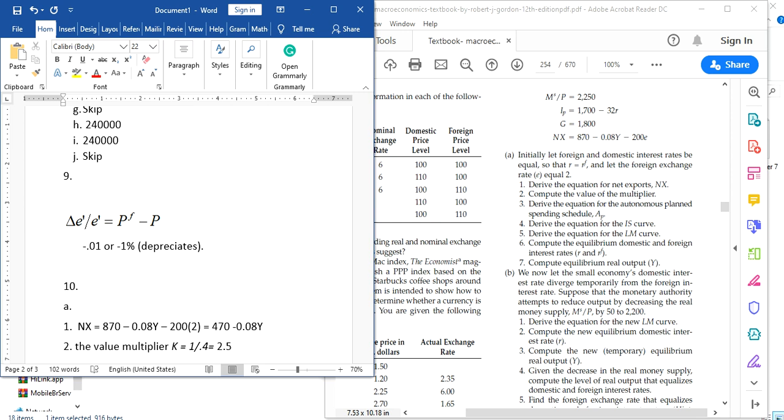So this tells us that any change in income will affect the consumption by 2.5 times.